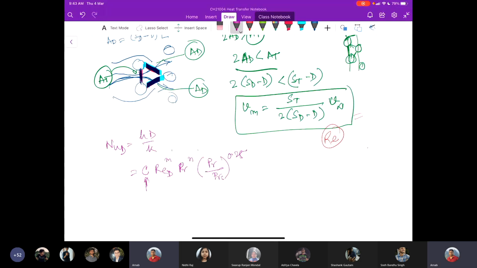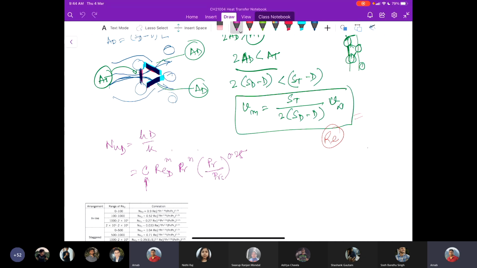So you will actually have a table where you will see various Nusselt numbers for a particular value of, say, Prandtl number.